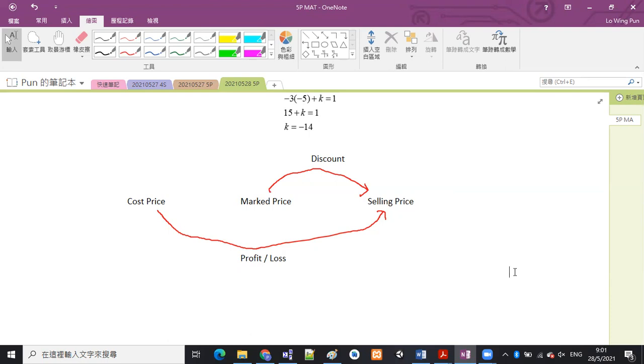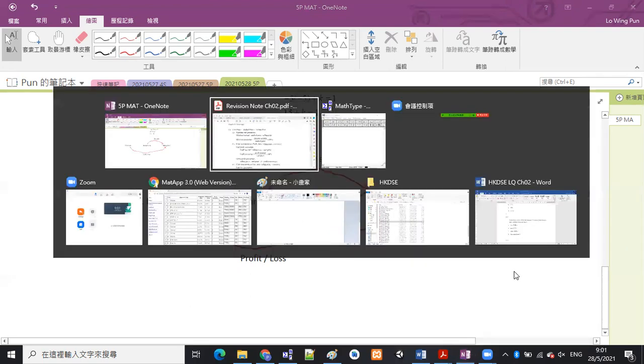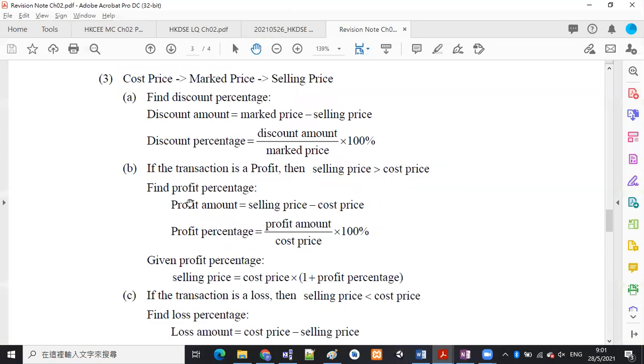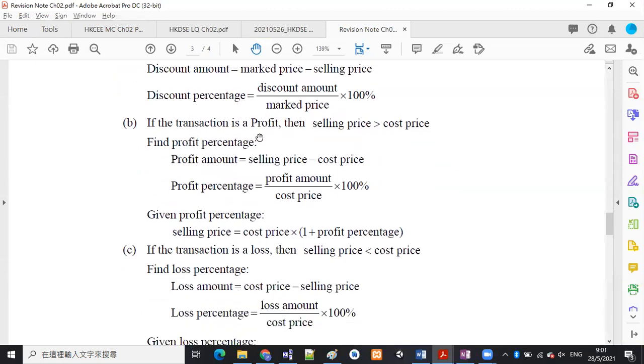There are two types of question, or two types of exam technique, that we need to learn in each of the following relationships. For example, if the transaction is a profit and the question asks us to find the profit percentage, then we are going to use this type of formula. I'm going to demonstrate with an example later in this lesson.